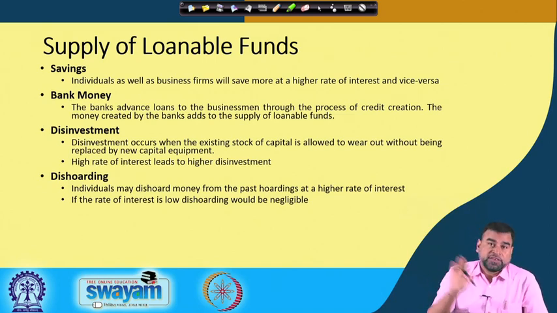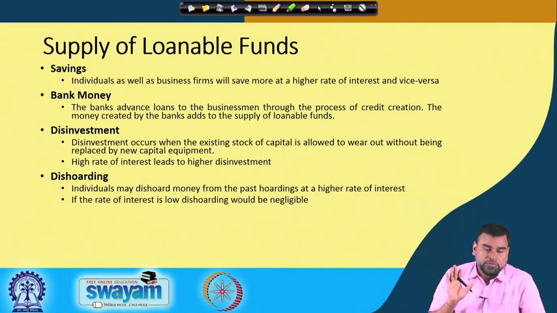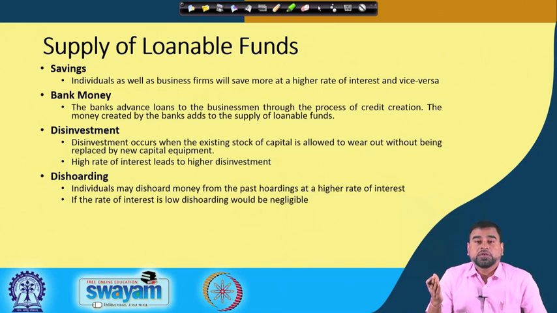They pay interest against the deposit and get interest against the loans. So the banks advance loans to businessmen through the process of credit creation, and if banks give more loans, they create credit in the system, and then obviously the supply of loanable funds will increase.